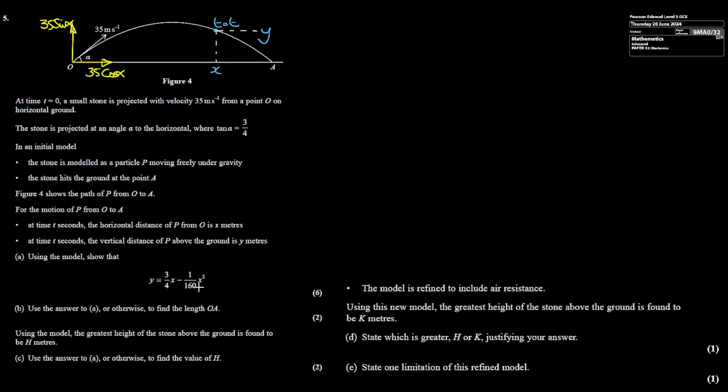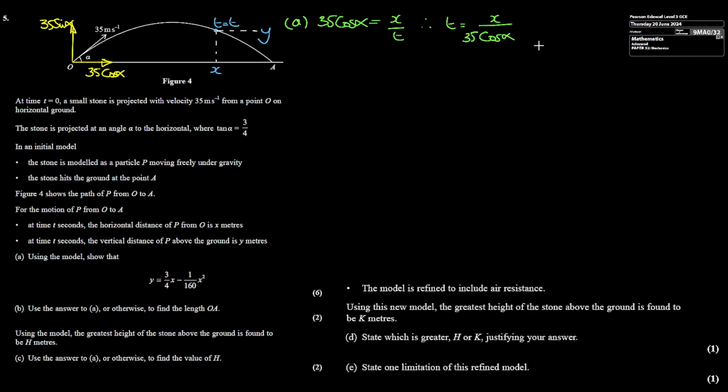So let's first of all consider the horizontal motion. Horizontal motion will be constant. Speed is equal to distance over time because there is no acceleration. So I can say that the speed, which is 35 cos alpha, is equal to the distance, which is x, divided by the time.